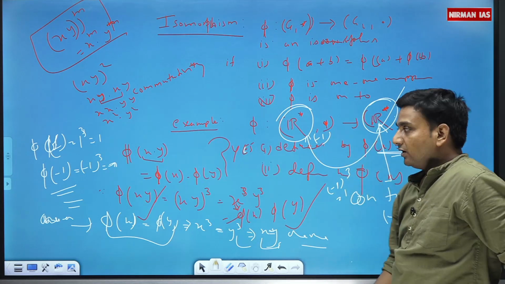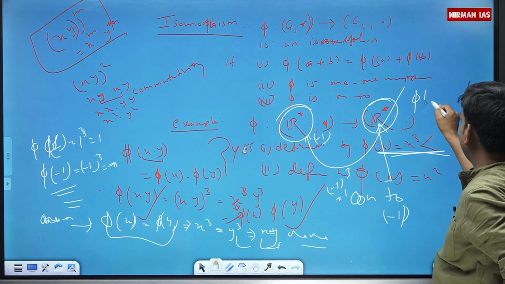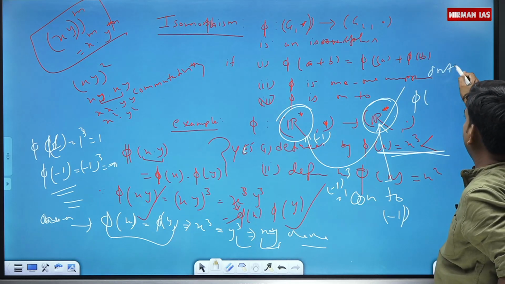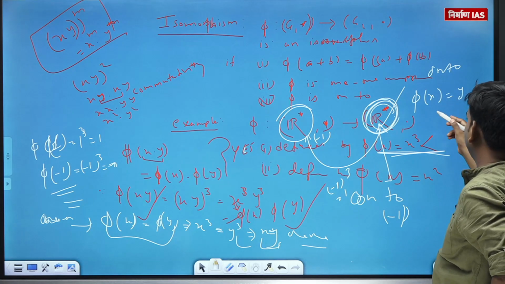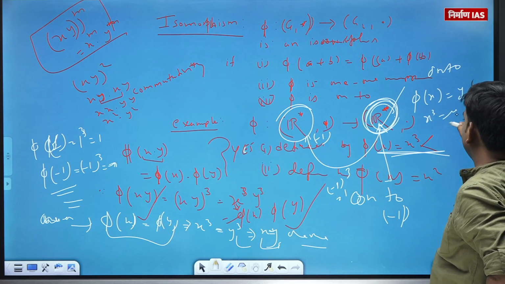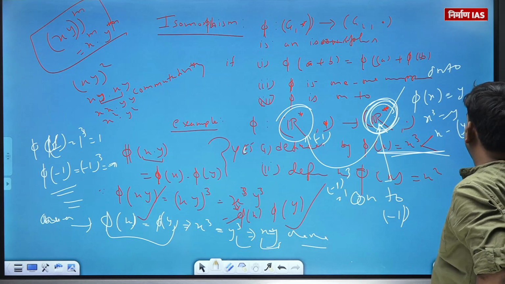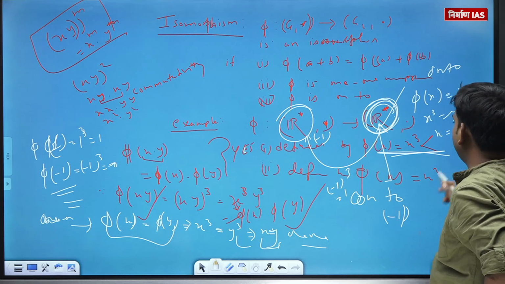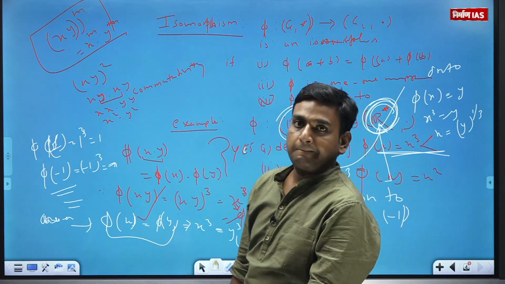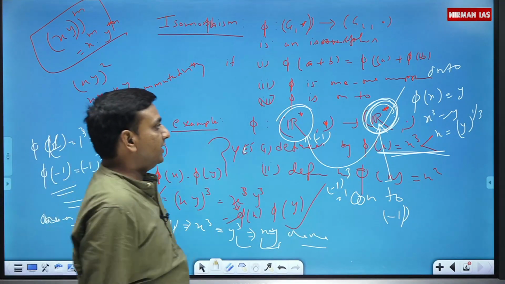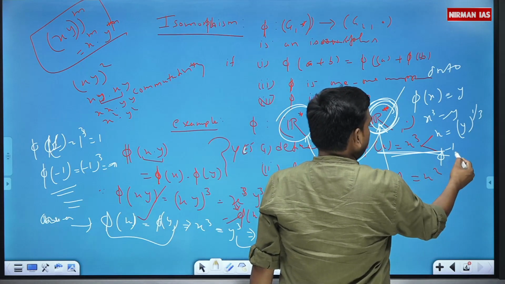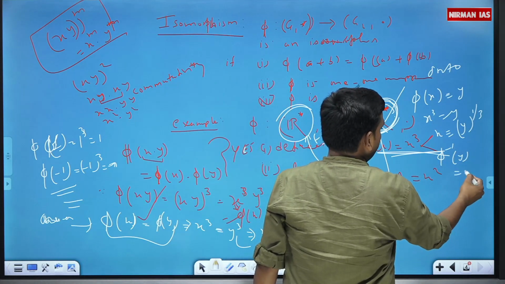And for that, mathematically, what do you do? For onto, phi of x you put as y. That means x cubed as y. That means x is y raised to the power 1 by 3 and so on. So x will be nothing but phi inverse of y.